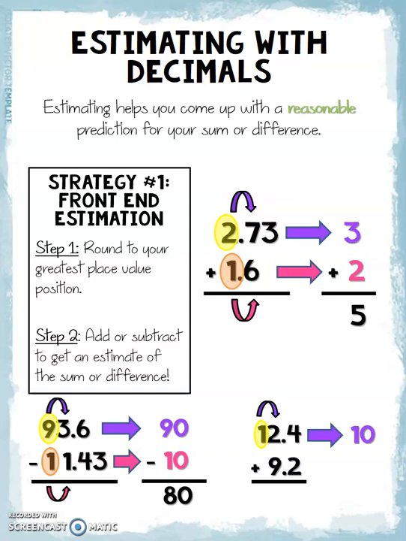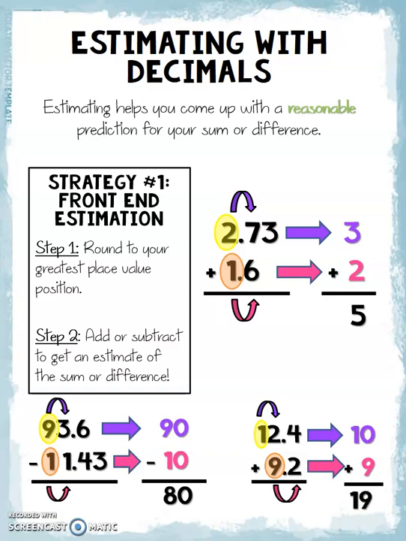In 9 and 2 tenths, my greatest place value position is the ones place. So I'll look at the 9 in the ones place, then the 2 that's right next door will help me decide how to round. Since 2 rounds down, that means 9 and 2 tenths would be rounded to 9. So I can add those together to get 19.